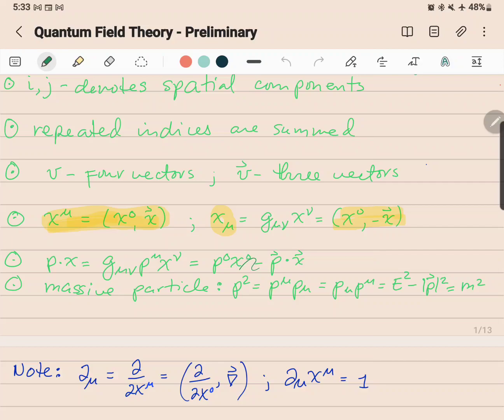So this will just be equal to p^0 x^0 minus p dot x, the p vector and the x vector. And for massive particles, your square of momentum would be equal to E squared minus p squared equals m squared. That's just the energy equation. So in this case, the energy is equal to the square root of momentum squared plus mass squared.